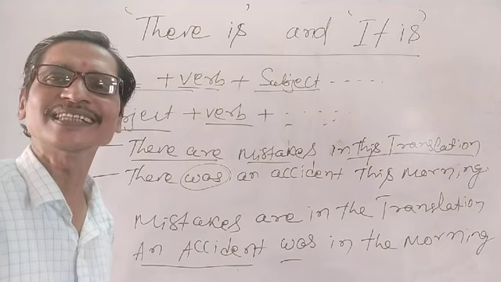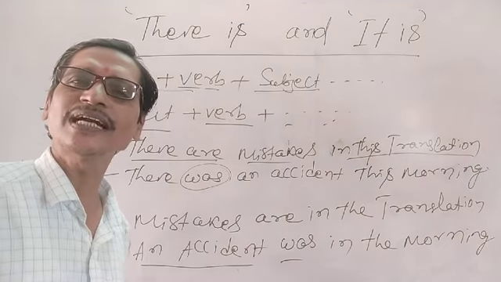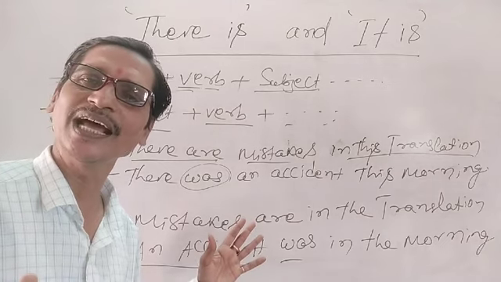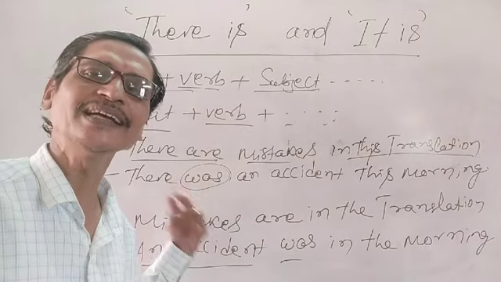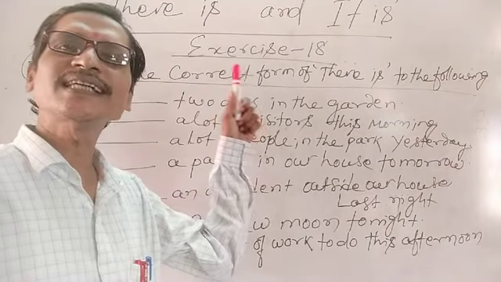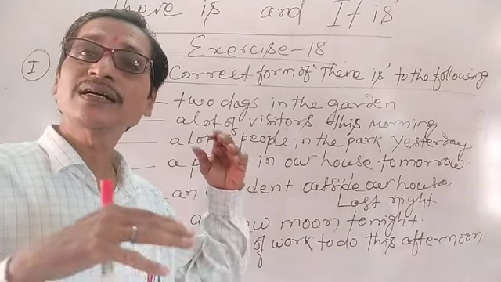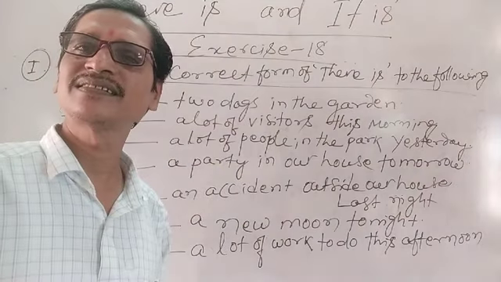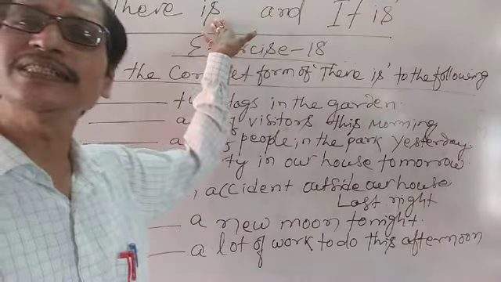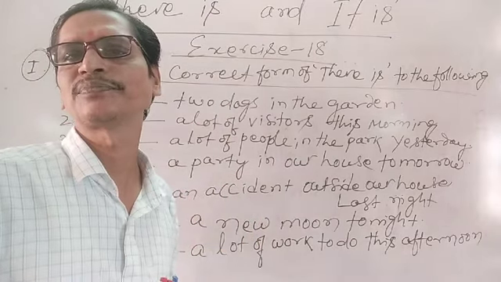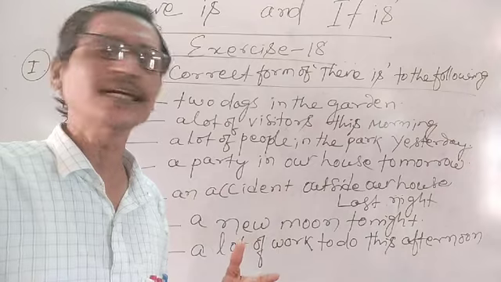Okay. Let's understand the exercise now so that you will have a clearer understanding of the use of there. Okay? Let me write on the board. Here is our exercise 18, related to the use of there is. This is a be verb that can change in accordance with the changes in time. Okay? So let's understand.